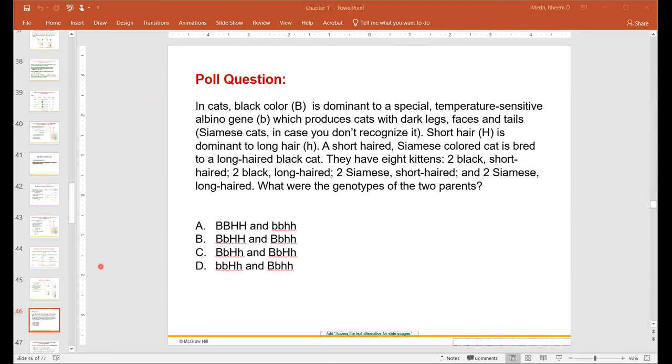You can separate the crosses, right? You can separate the color and the hair. We'll stop at 4 minutes and then we will look at the question.